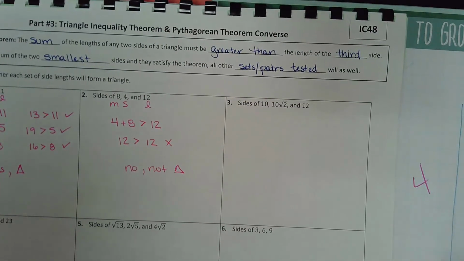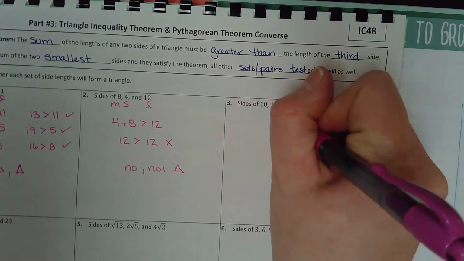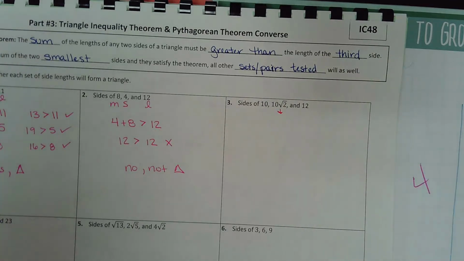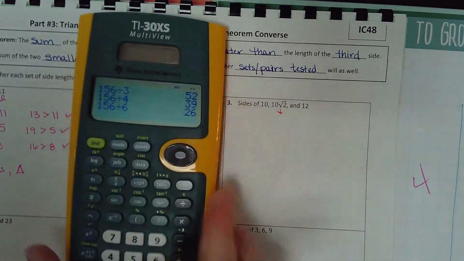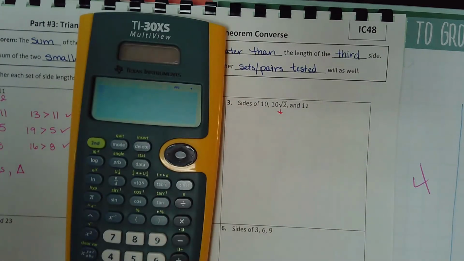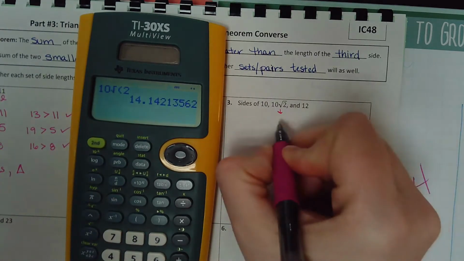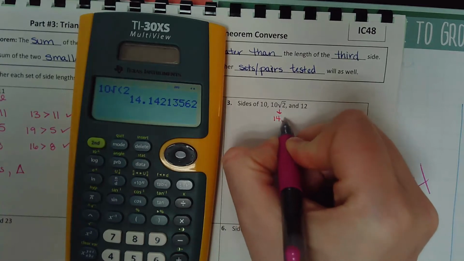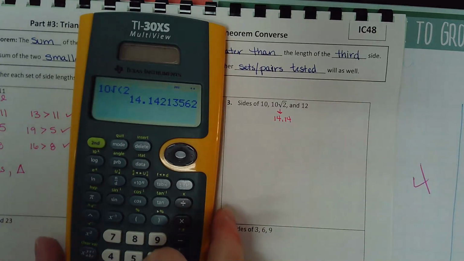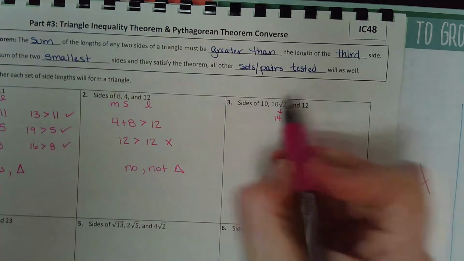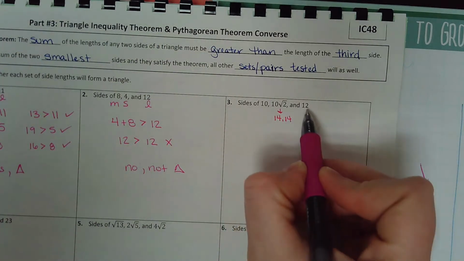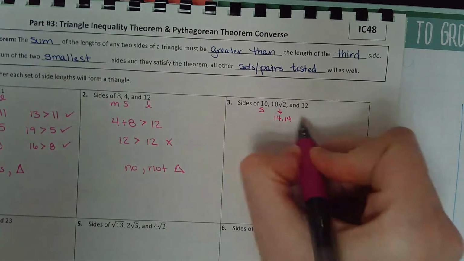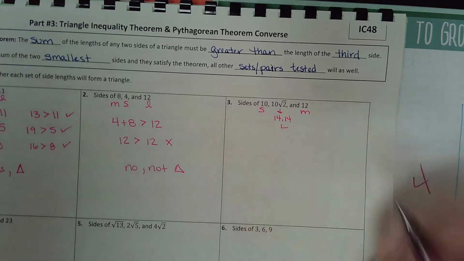Ooh, this one looks complicated. We got a radical. So I don't know what this value is. So on my calculator, I'm just going to take 10 times the square root of 2. And that's a decimal. So this is approximately 14.14. Now what that does is it allows me to see that I have a 10, a 14.14, and a 12, which means this is my small, this is my medium, this is my large.